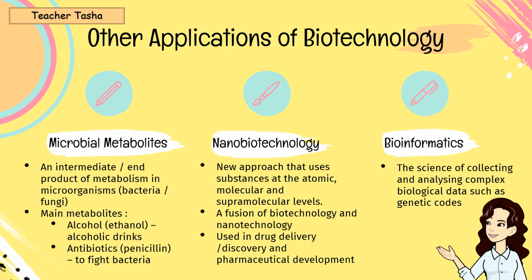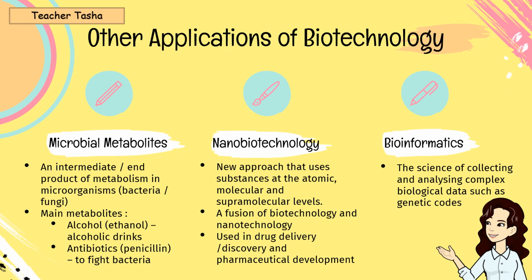Biotechnology is used in the production of alcoholic drinks such as beer and wine, and also in bread making through fermentation of yeast. During alcohol fermentation in yeast, ethanol and carbon dioxide are produced. The metabolite ethanol can be used to make alcoholic drinks or to produce commercially for biofuel. In bread making, carbon dioxide traps the dough, makes the dough rise, and makes the bread light and soft.